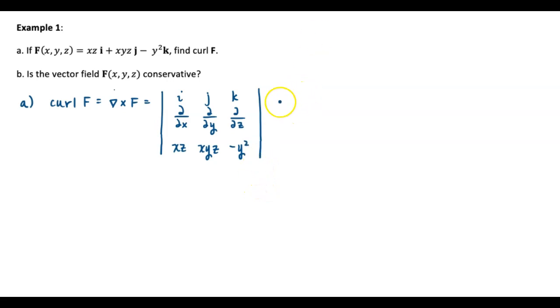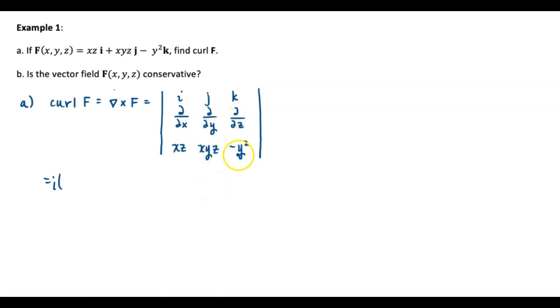And so when we compute this, remembering what we're doing, we're looking at this i component, and we're imagining that we're crossing out this row and this column that includes i. Then we're forming this two-dimensional determinant and taking the product of this diagonal minus the product of this diagonal.